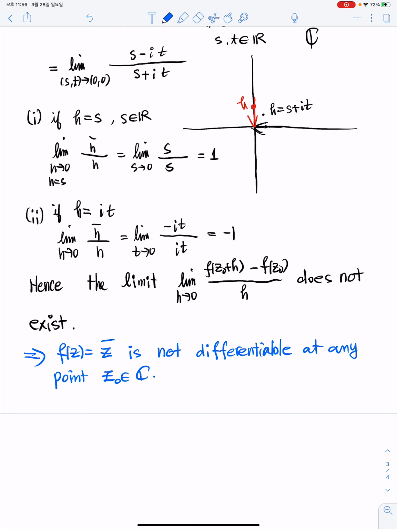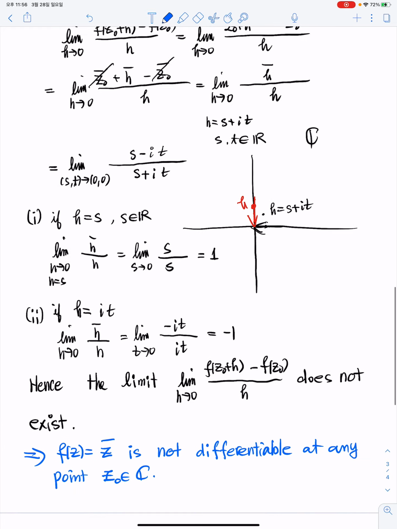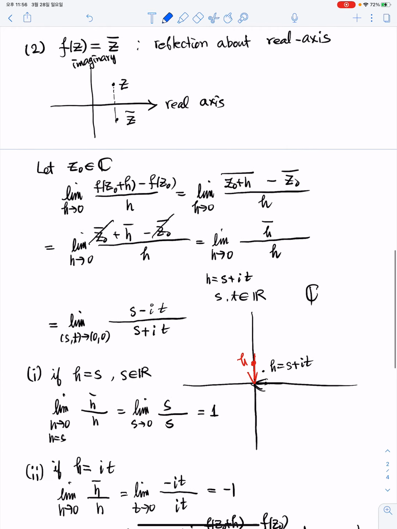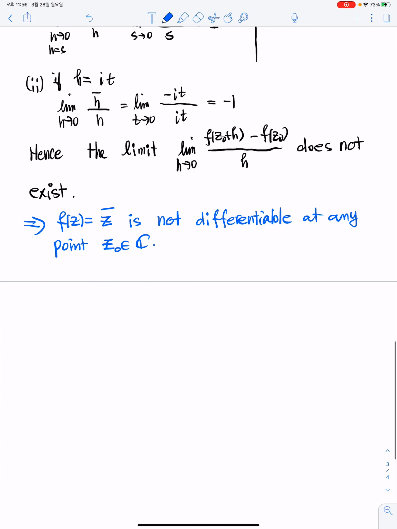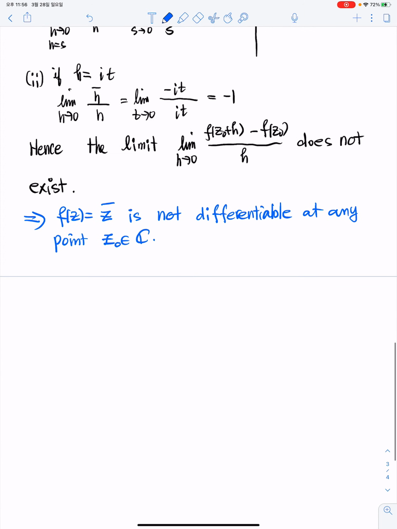Okay, so this is one example which is not differentiable. Okay, and let me look now at a different example. Okay, so example 3.